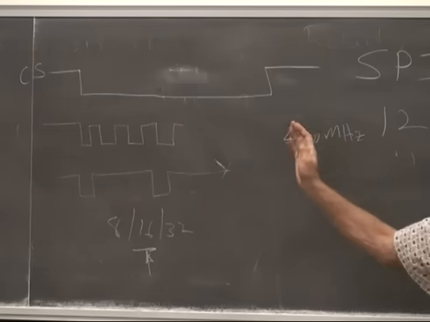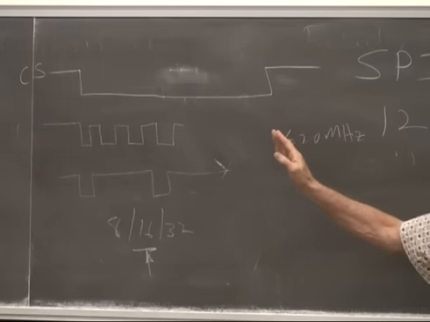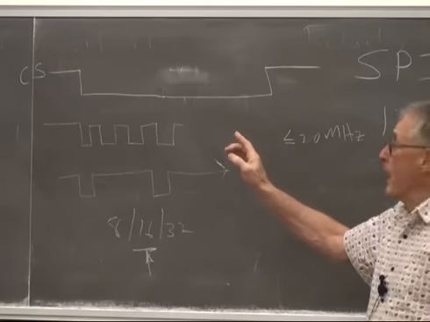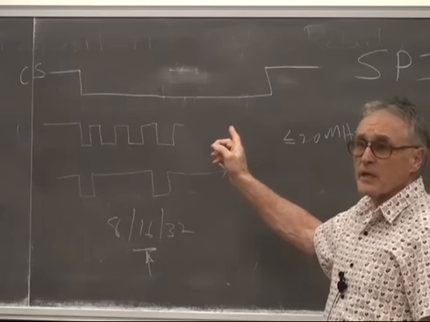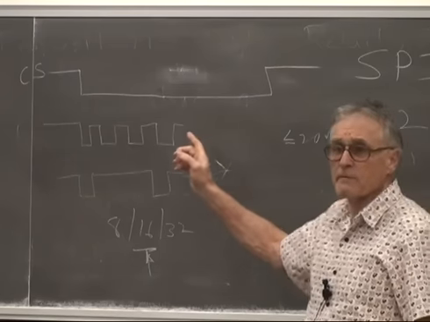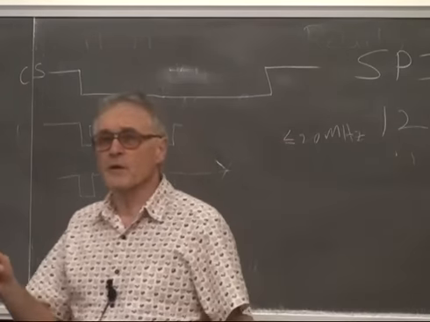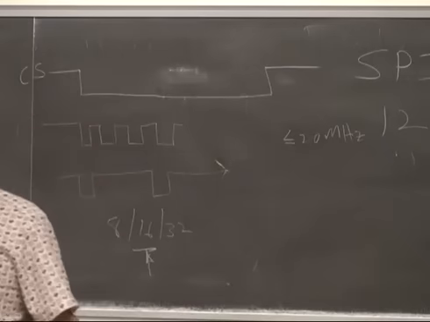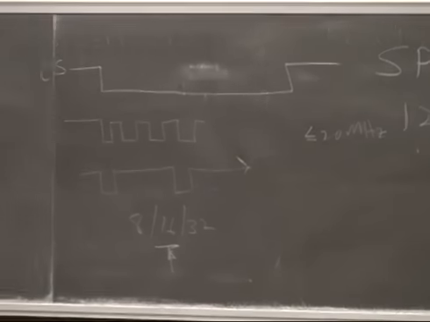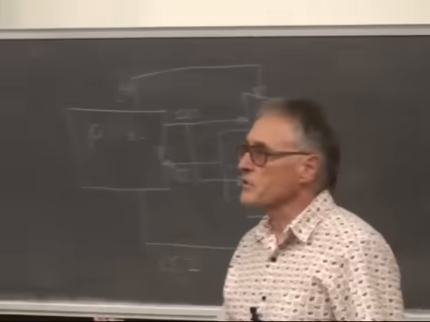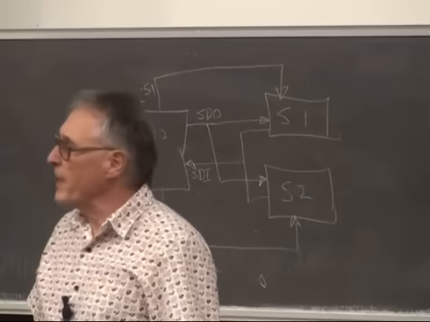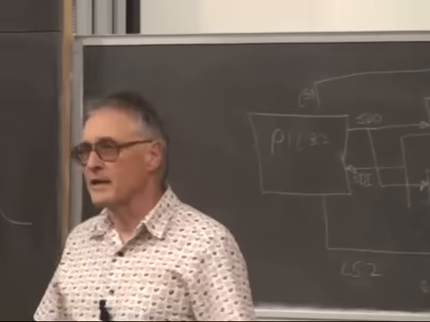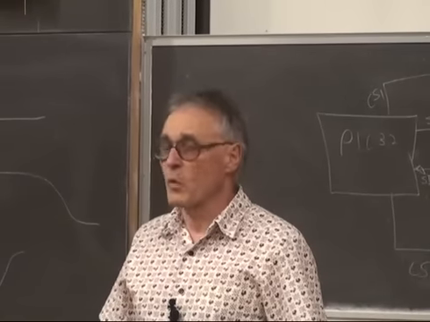It stops sometime later and generates an interrupt saying that the transaction is complete. So the question I have for you: should you set up an interrupt, start the transaction, go do something else, wait for the transaction to finish and take the interrupt, or should you just wait?